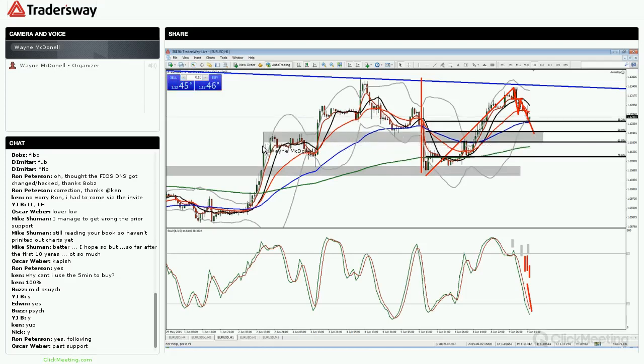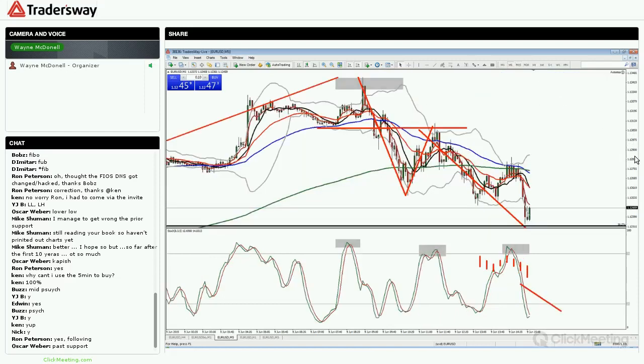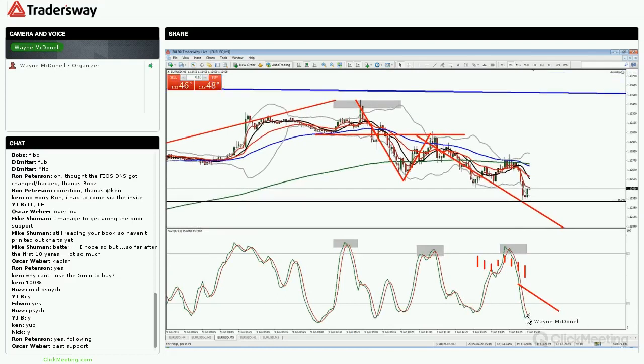Okay? So we'd have a very, very oversold hourly chart and an oversold 15-minute chart. So what if now we get down to that zone and we flip into a 5-minute chart and we see an oscillator like this on a 5-minute.